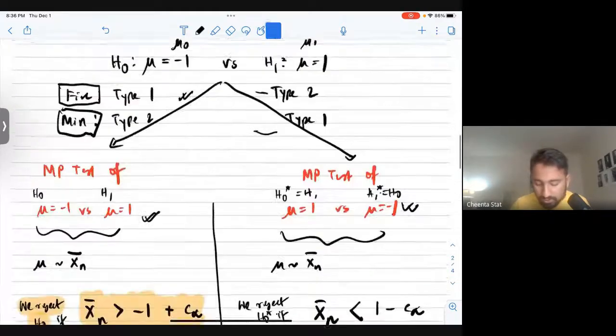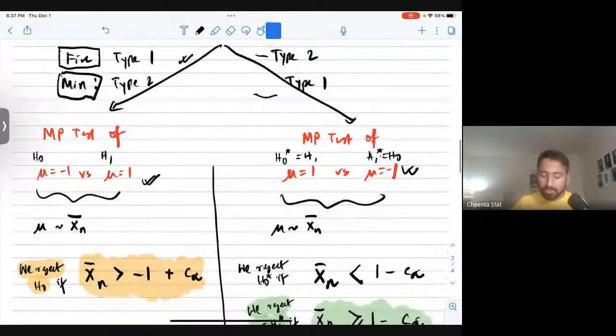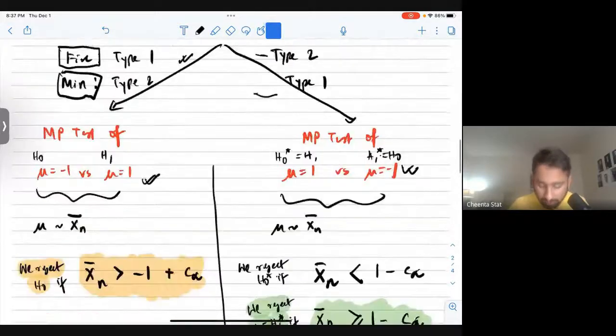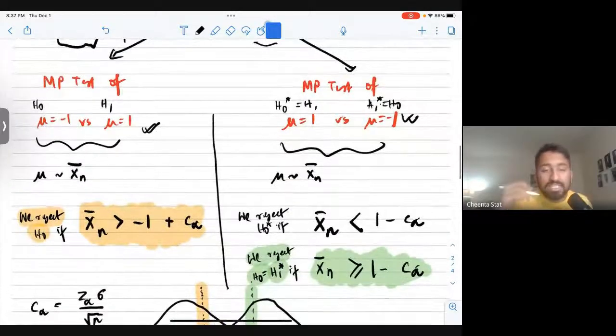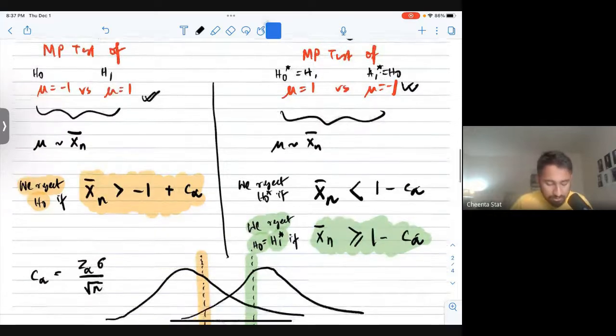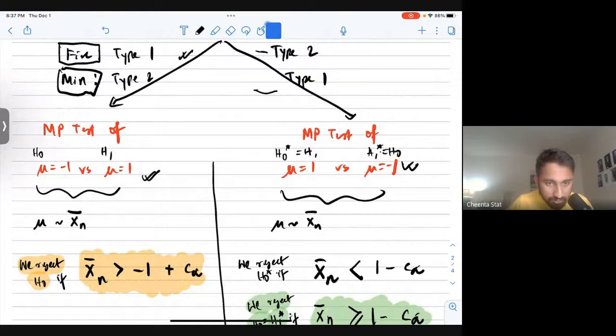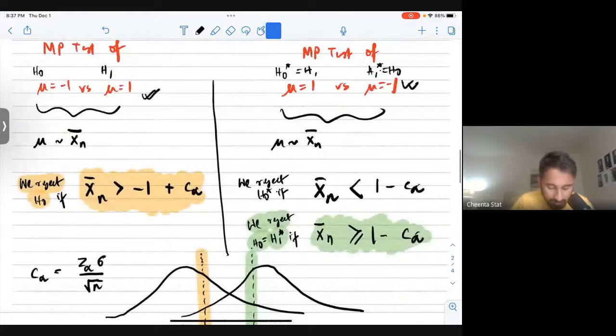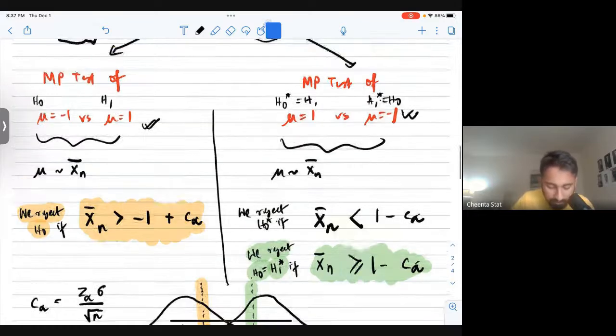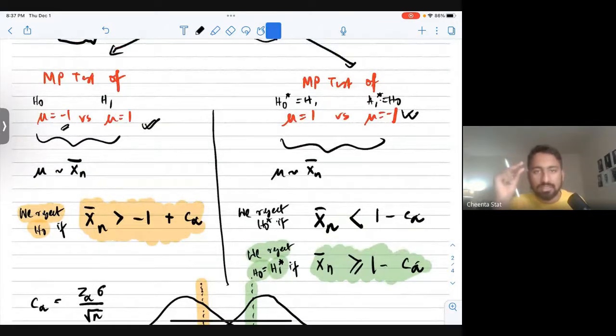Now if we solve the general MP test of mu equal to mu naught versus mu equal to mu 1, as x bar is a sufficient statistic of mu, and x bar approximates mu well, we get that we reject H naught, that is mu equal to minus 1, when Xn bar is greater than minus 1 plus some constant c alpha.